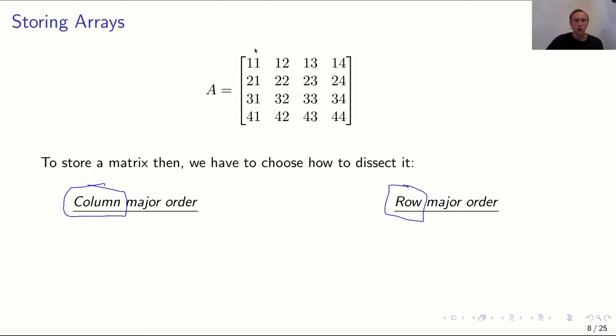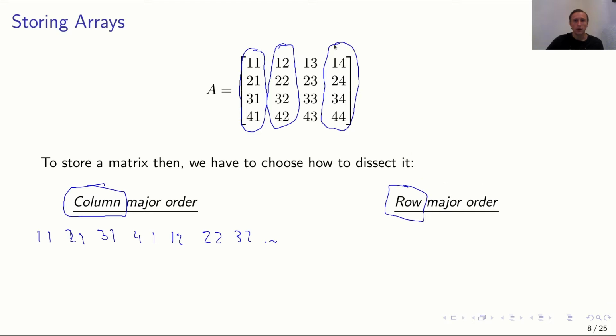Now in column major order, what we're doing is we're storing this object one column at a time. So we start here with the first column, storing 11, 21, 31, and then 41. And then we move on to the second column, storing the values 12, 22, 32, going forth until we get to this final column and the final value of 44.